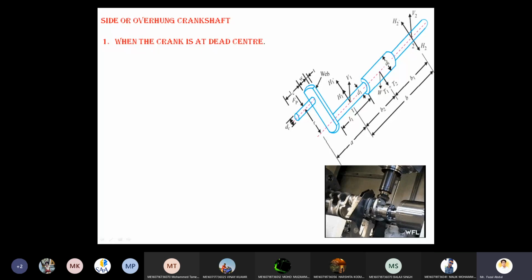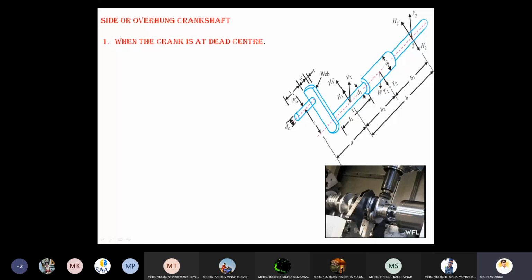The side crankshaft has only a single web. In the animation video also you can find the single web portion of the crankshaft, that is the side crankshaft.